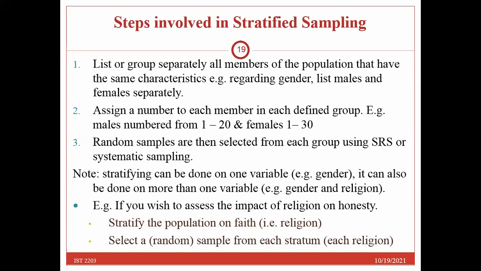So for example, if you want to assess the impact of religion on honesty, you stratify your population based on religion, and then use simple random sampling in each of the strata.